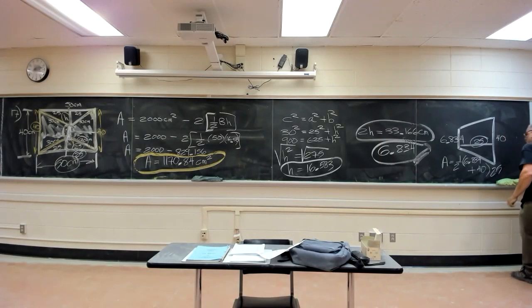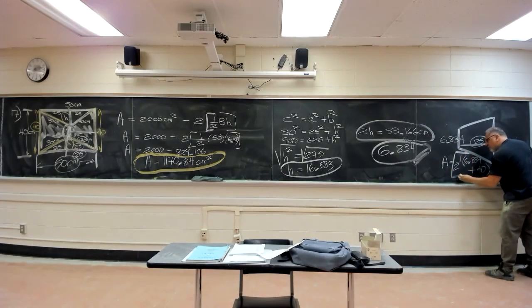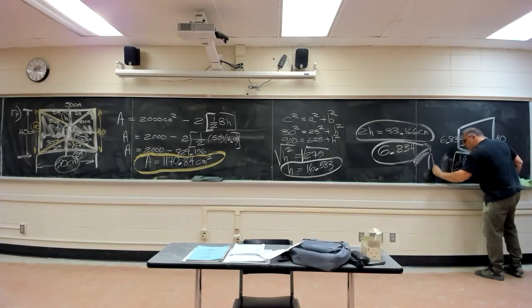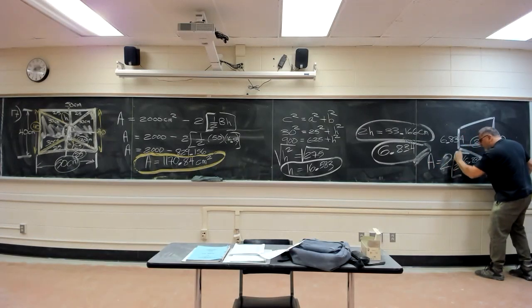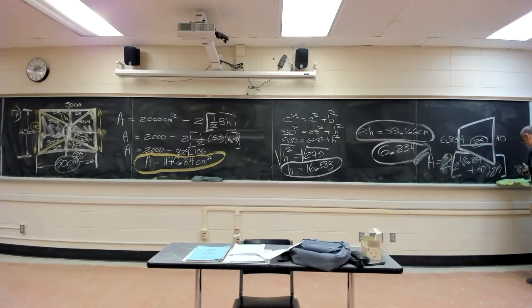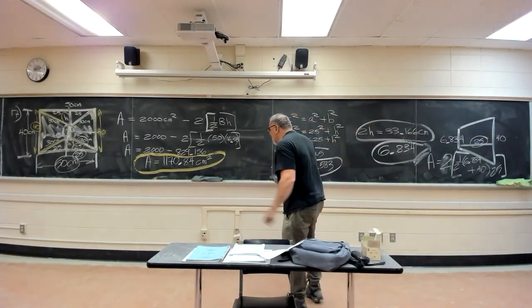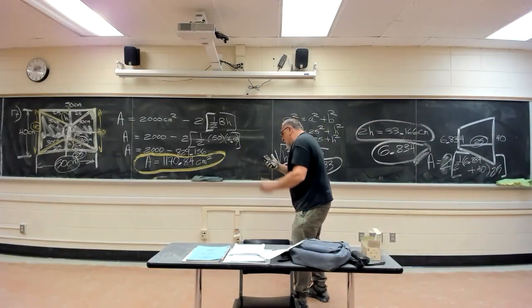Sounds good to me. This thing's 1170.85. When you got all this, this is just one of them. The whole area is going to be 2 trapezoids. So multiply it by 2. I got 1170.85. What do they got? Yeah, they got 1170.84. We're not going to split hairs on that.